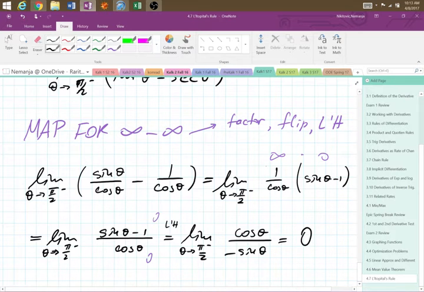So we subtracted these functions, tangent minus secant, and we have answer of 0. So this was one of the infinity minus infinity problems.